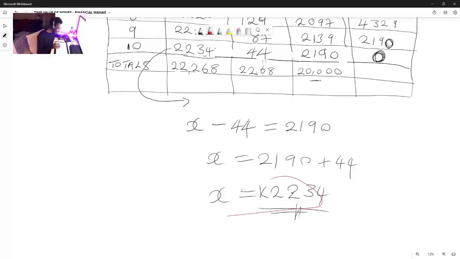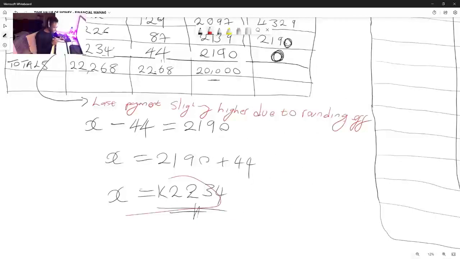So we need to make a small comment. We can easily say, last payment slightly higher due to rounding off. That's the comment you can put somewhere at the bottom, to say the last payment is slightly different from the others due to rounding off adjustments, to get to the point where you have a zero ending balance.